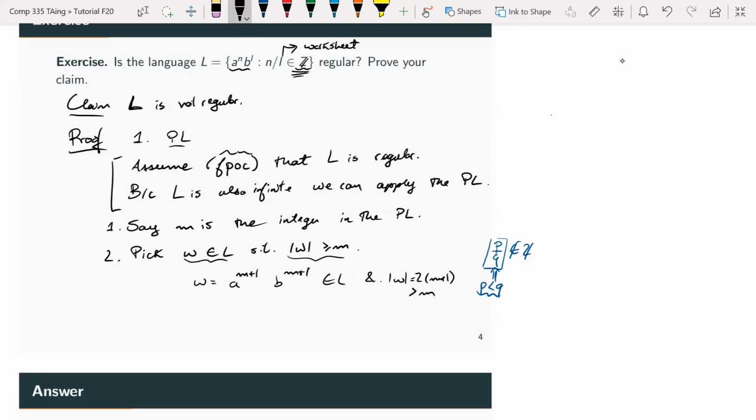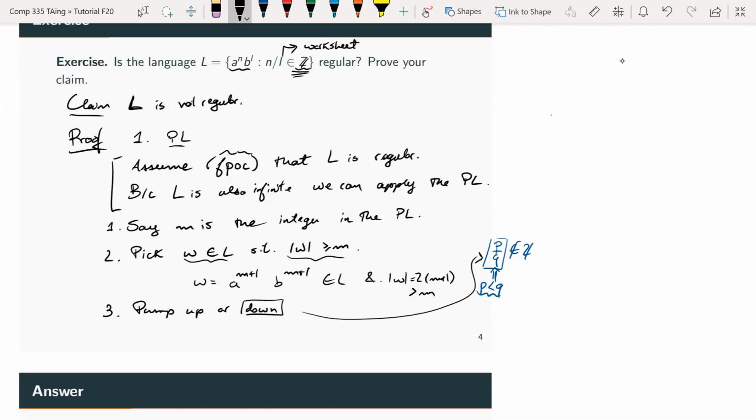I'm going to show at the end why I picked m plus 1 instead of m. But suppose for now that I have a to the m plus 1, b to the m plus 1. Now the third step is that I'm going to want to either pump up or down. And the hint is telling me that I'm actually going to want to pump down.